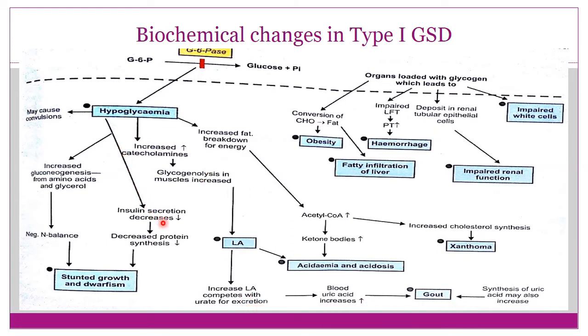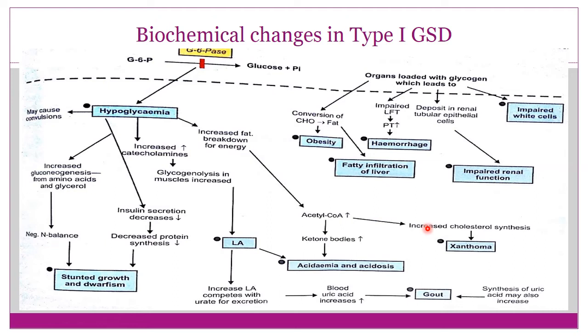Then insulin secretion decreases, which will cause decreased protein synthesis and growth will be stunted. In the same way, increased gluconeogenesis from amino acids and glycerol and negative nitrogen balance, so the growth will be stunted. Then increased fat breakdown will lead to more acetyl coenzyme A, so ketone bodies will form, which may cause acidosis.